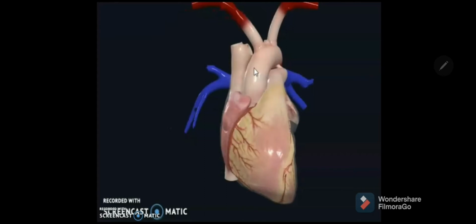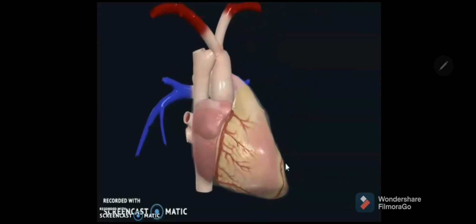This is the ascending aorta and the pulmonary trunk here, that is the pulmonary trunk. So you are seeing the heart in the sternocostal view.